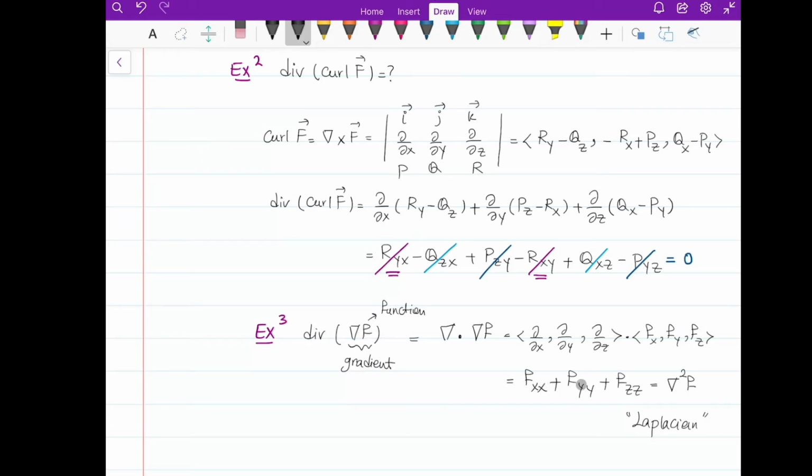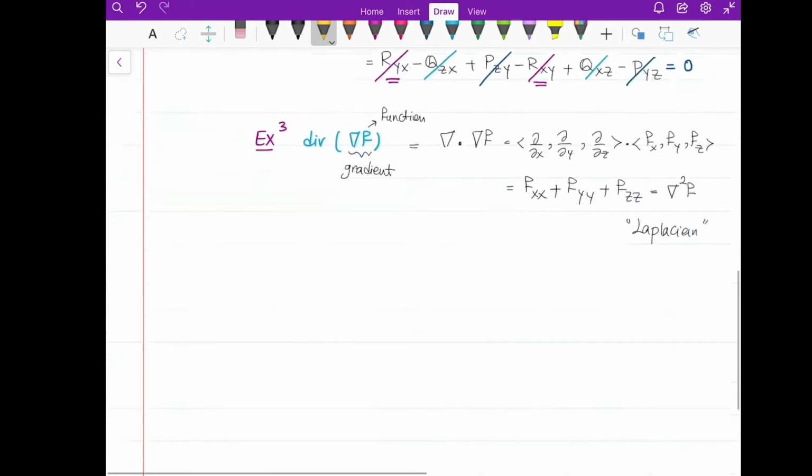And as you see, we use the Laplacian a lot in physics. So the Laplacian here is actually the divergence of the gradient vector field, and I'm going to change the color of this one just because these examples are very important.